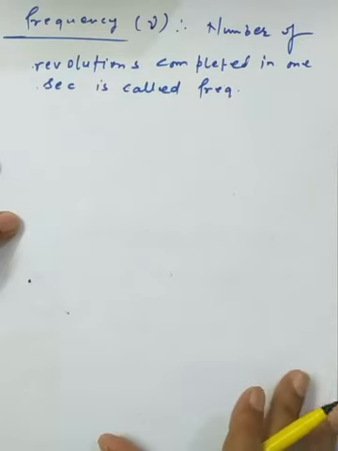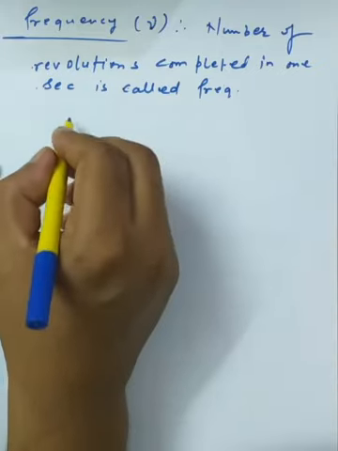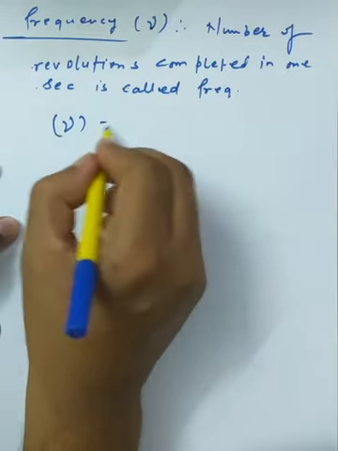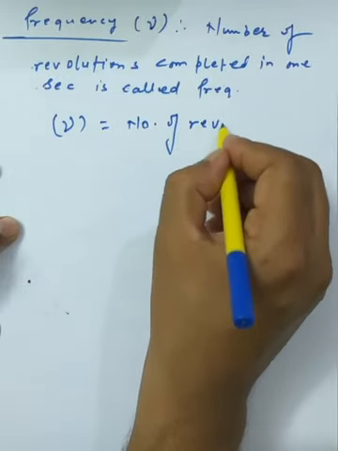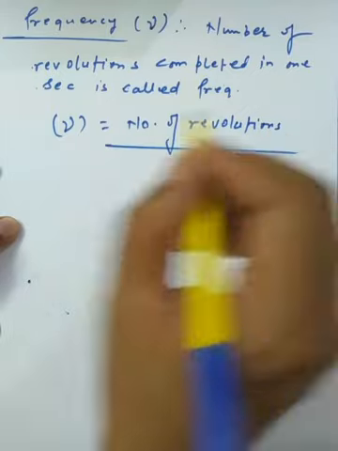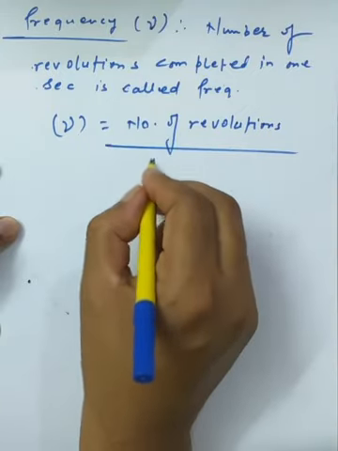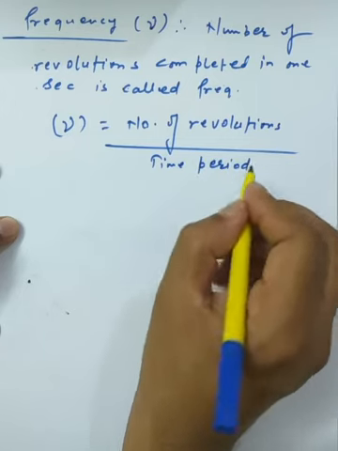Now next we have the frequency. Number of revolutions completed in 1 second is called the frequency. Okay, so we can assume the simple formula of the frequency. Frequency is equal to number of revolutions on a circular path divided by time period. So we get the formula.